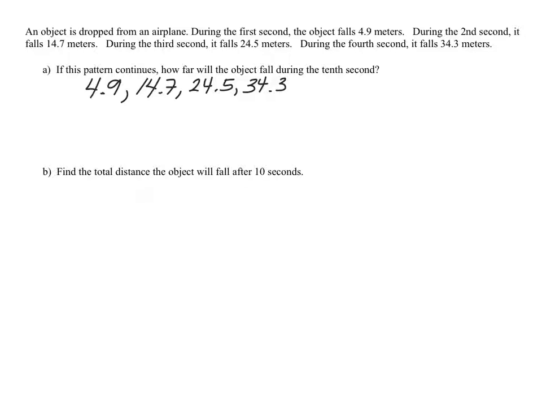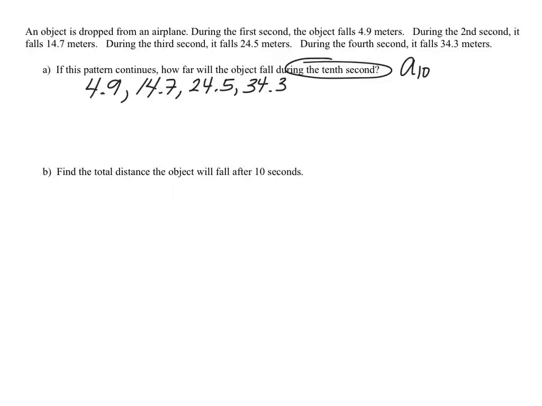So it's important to note that when we say it falls 34.3 meters, that's not the total distance it has fallen. That's only how far it fell during that fourth second. So when it asks us how far did it fall during the 10th second, we're really being asked to find the 10th term. In other words, we're trying to find a sub 10.